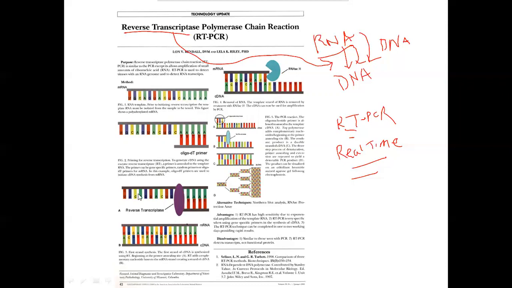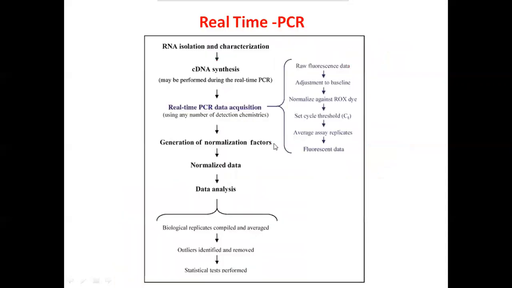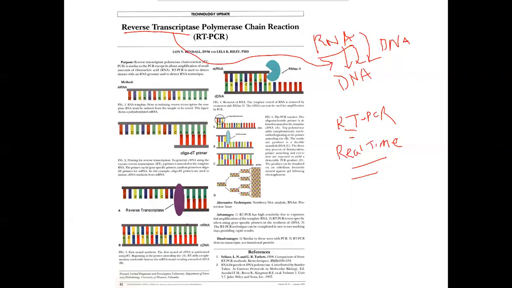Now you have the cDNA. Initially you didn't have the cDNA, now you have it. So if it is a single cDNA, you know the sequence, and you add the Taq DNA polymerase. This blue one is the Taq DNA polymerase, and you proceed with the normal PCR.